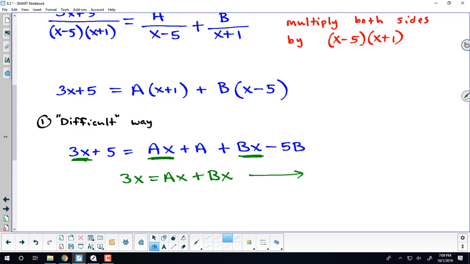And so actually what that means is, we've got two like terms on the right. What this equation implies to us is that A plus B has to be equal to 3. Okay. And then we're going to equate the constant 5 with the constant A minus 5B, which, you know, that's explicit as it is.